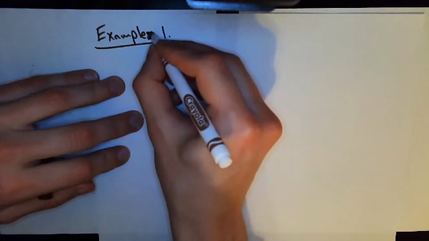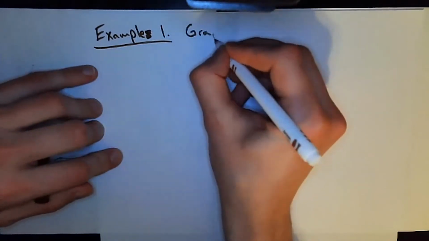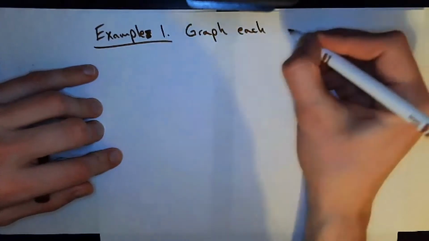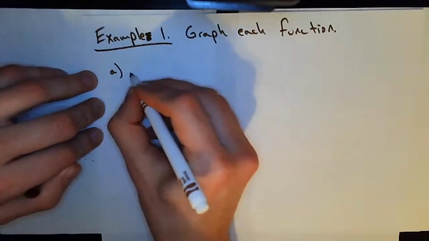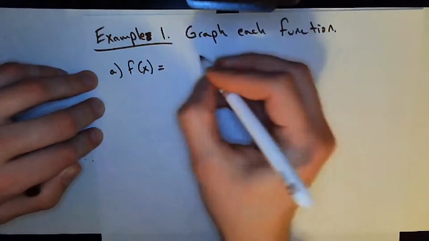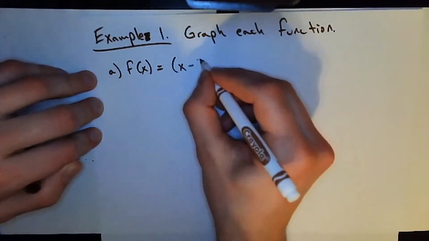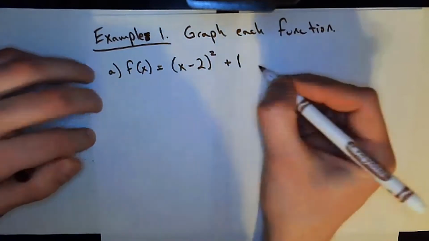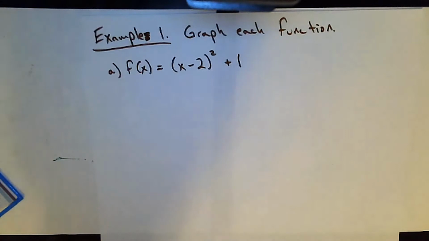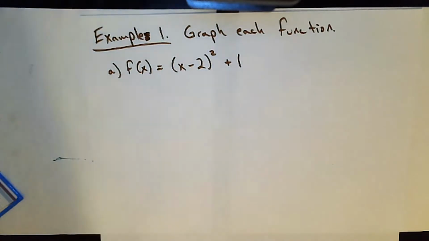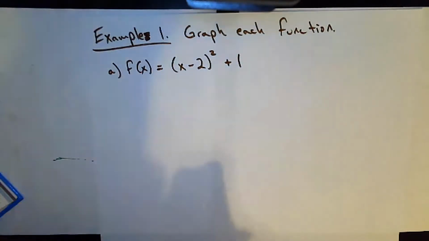Example 1. f of x equals (x minus 2) all squared plus 1.